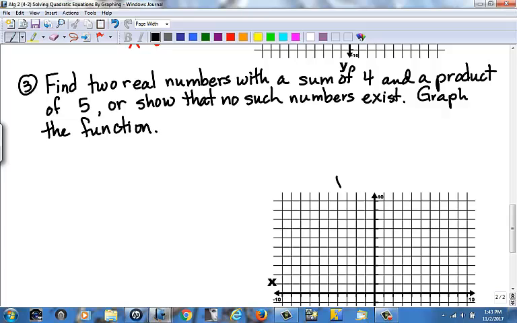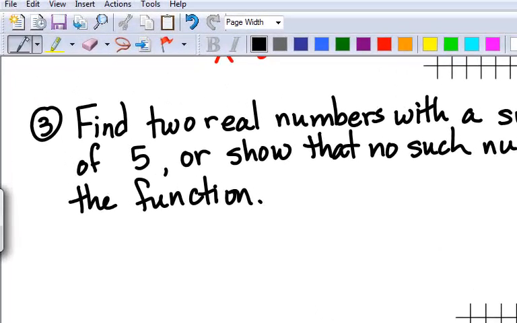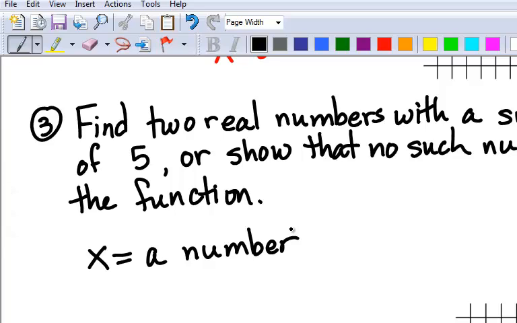When you're doing a word problem like this, you should always label your variables. So I'm going to say one of the numbers, x, is a number. If I said 2 numbers add up to 4, and one of them was 1, what's the other one? How'd you get that?